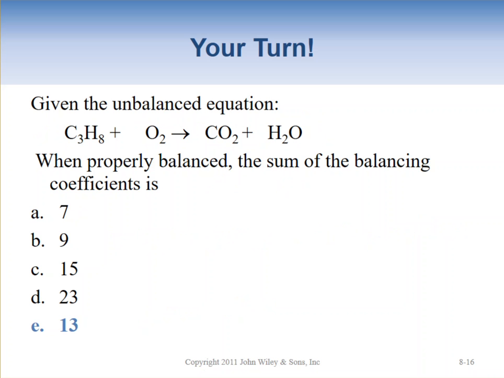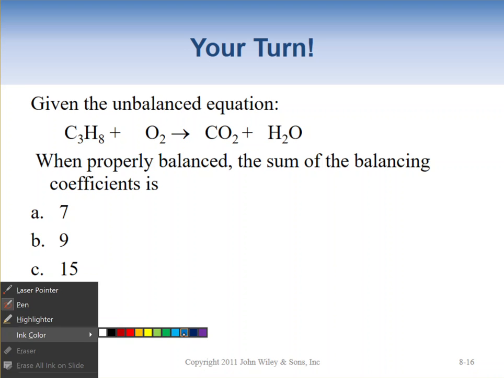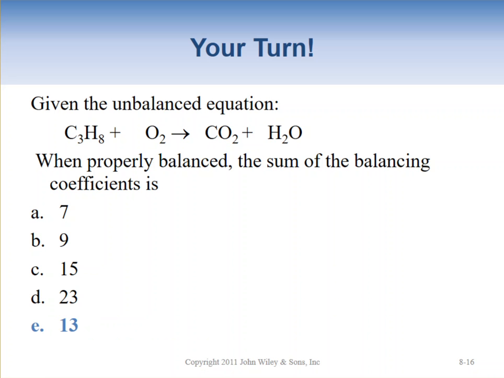Another combustion reaction. You're looking at a reaction of propane, C3H8, with O2 that leads to the formation of carbon dioxide and water. First we're going to balance the carbons. So 3 carbons from propane, so you would need 3 CO2.